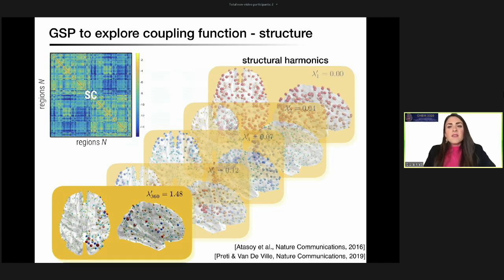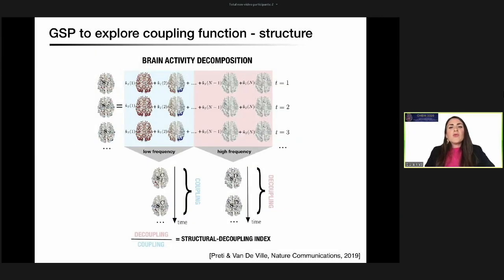In a work of last year, in order to relate function and structure in this framework, we tried to explain the functional signal at each time point as a linear combination of these structural harmonics, so of the structural patterns. Then we wanted to filter the low frequency patterns and the high frequency ones, decomposing the functional signal at each time point into two portions.